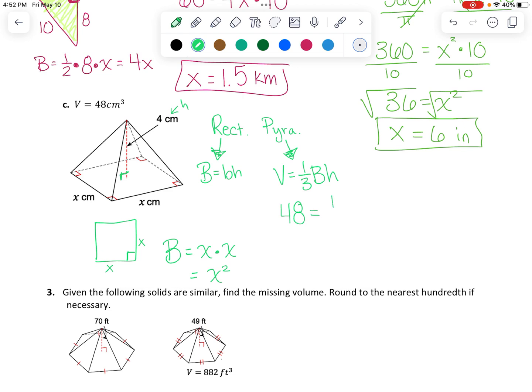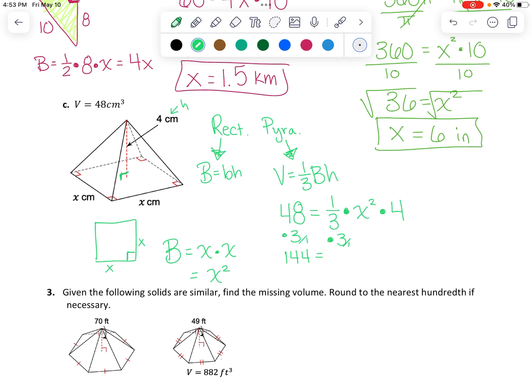Just like on others, I plug in what I know. 48 equals 1/3 times the base area of x squared times the height of 4. Now I can simplify the right side first if I want, or I can just say to get rid of divide by 3, I multiply by 3. I find that easier to do. 144, and technically I'm multiplying by the reciprocal here.